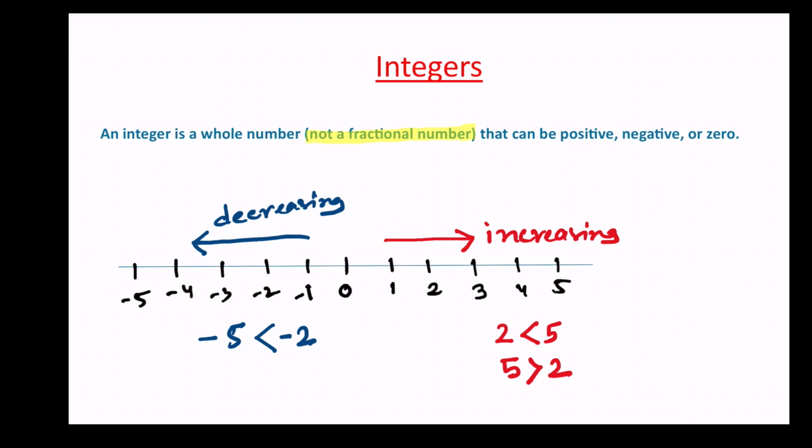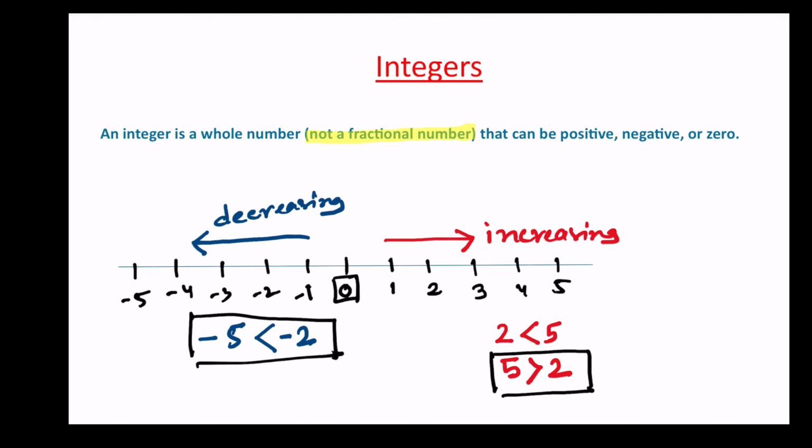Even though +5 is greater than 2, -5 is less than -2 because -2 is closer to 0 than -5.